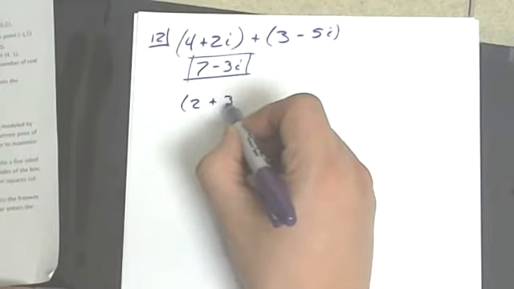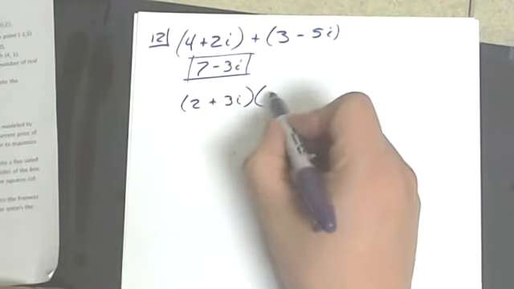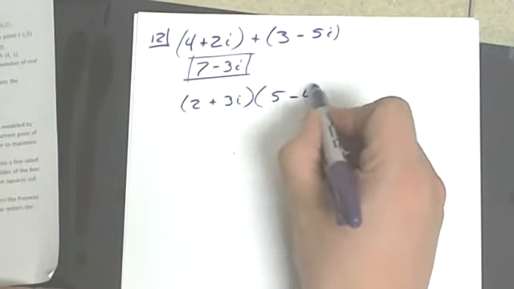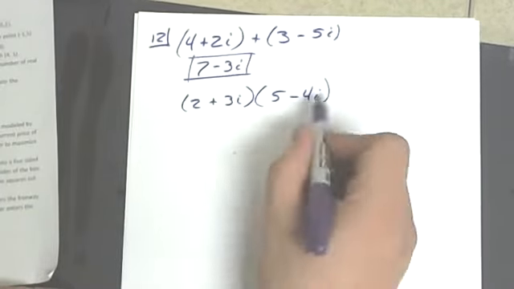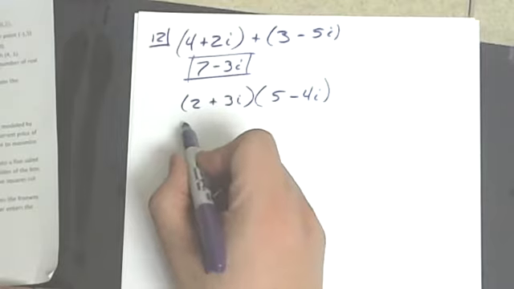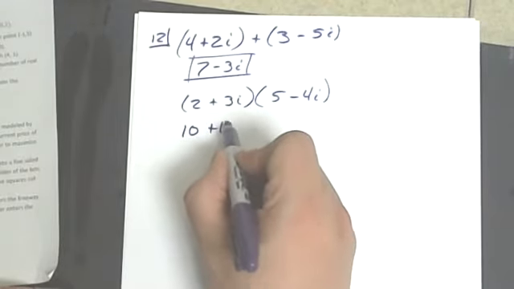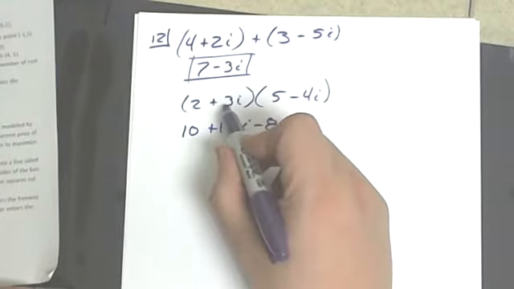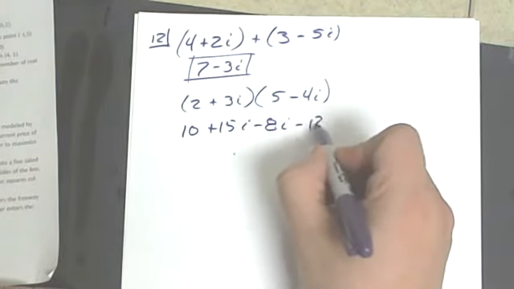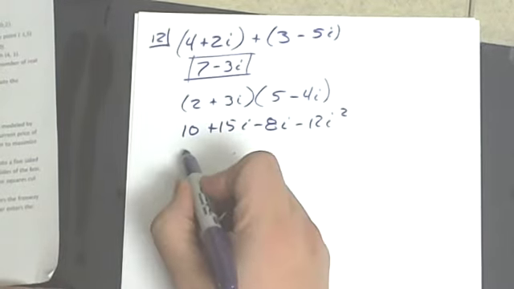Multiplying is almost the same. If you're multiplying, say, 5 minus 4i by something, you get the same things as you normally would. You FOIL it like you would if they were x's. So what, 10 plus 15i minus 8i. The trick is here you get negative 12i squared.